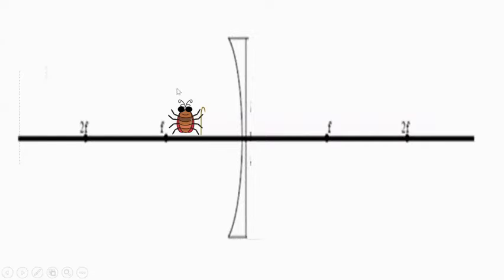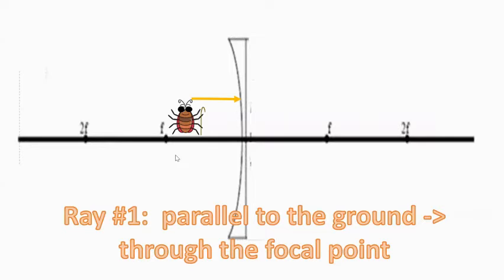So to do that, we have Sir Cockroach with us, and he's going to stand inside of the focal length. So this little F right here is the focal length, and he's standing just inside of it. And there are three different rays that we can use to find the image, right? And these rays do the same thing every time with a concave mirror.